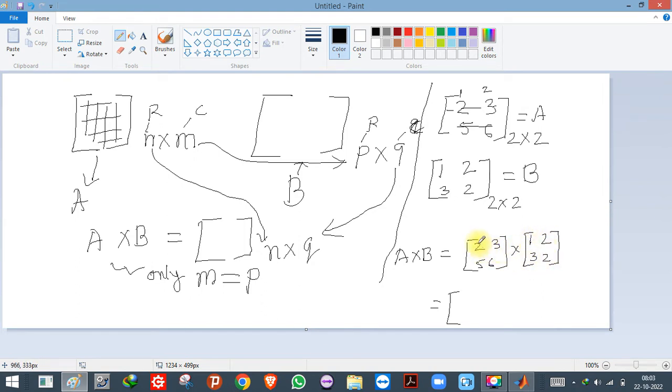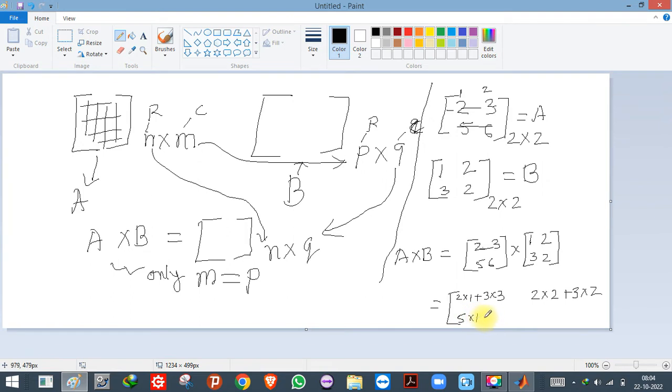So if I multiply this row, 2 into 1 plus 3 into 3, this will give me my first element. Next, again this row, this column, 2 into 2 plus 3 into 2.